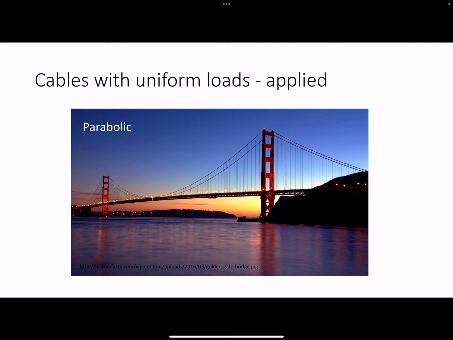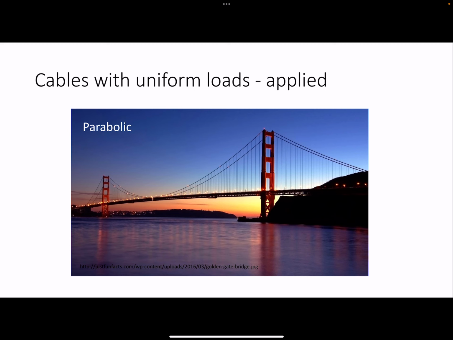And then you can have uniform loads that you need to consider on certain cables, such as a suspension bridge that supports the deck, and that effectively acts as a uniform load on that cable. So this would be a parabolic deflected shape that we would assume, and you can calculate. We could actually do that in this class, but we're not going to.